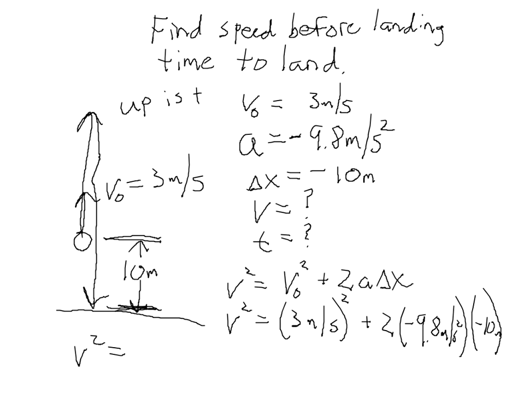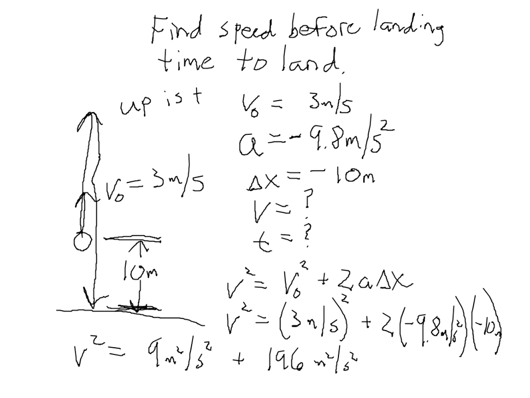v squared is then, let's see, 3 squared is 9, that would be 9 meters squared over seconds squared, plus 2 times 9.8 is 19.6, times another 10 is 196, also meters squared over seconds squared.